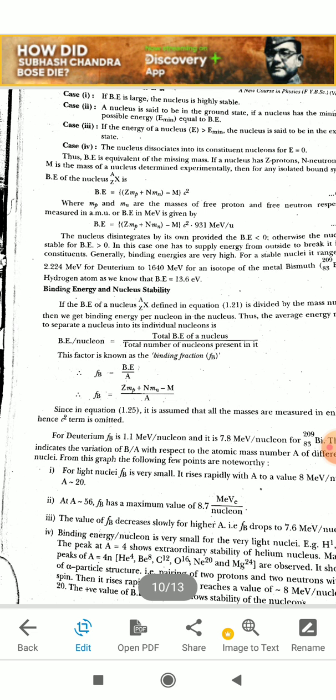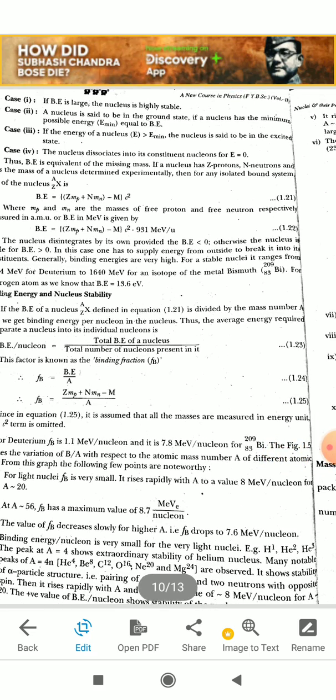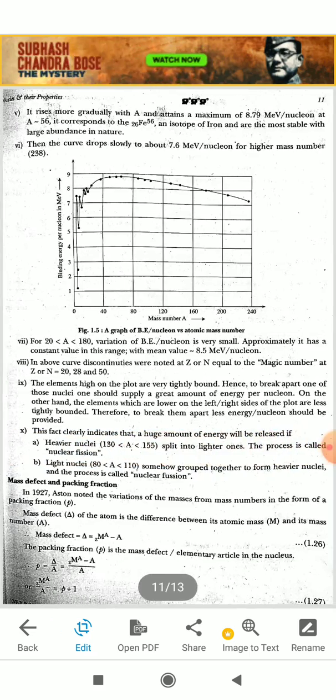For mass number A equal to 56, the binding energy is maximum, that is 8.7 mega electron volt per nucleon.